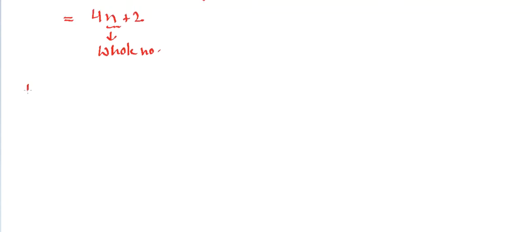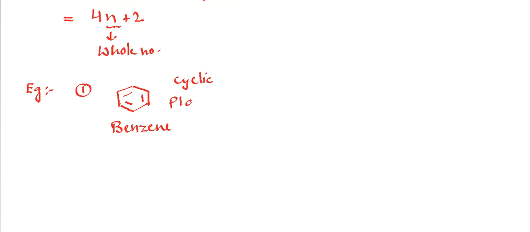Let us see some examples to understand this. For example, the first one, which is a very simple one that we all know, is benzene. In the structure of benzene, we can see the molecule is cyclic. It is planar as well, since in benzene all these junction carbons are sp2 hybridized, that is these carbons that are making the ring.